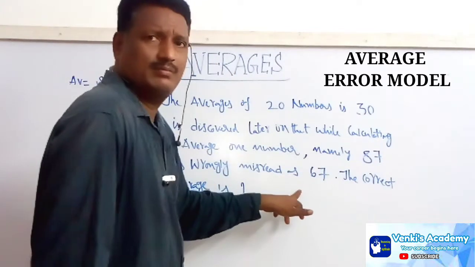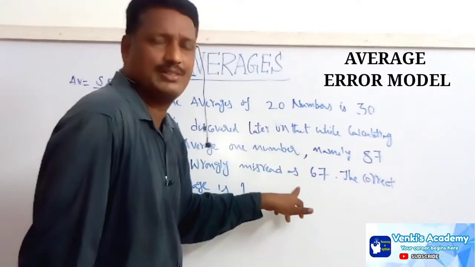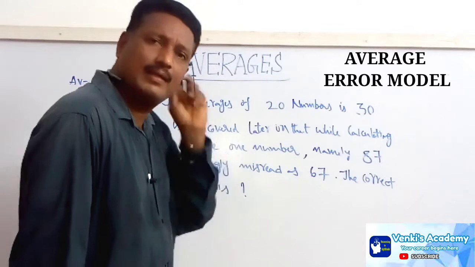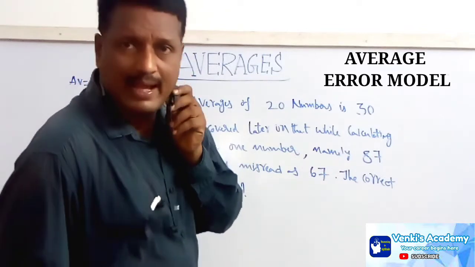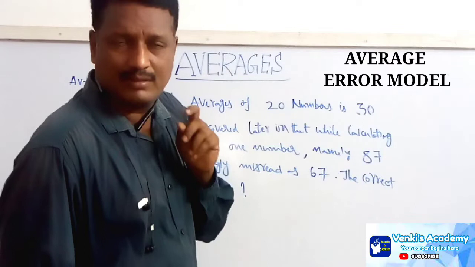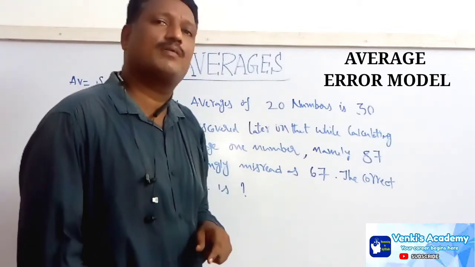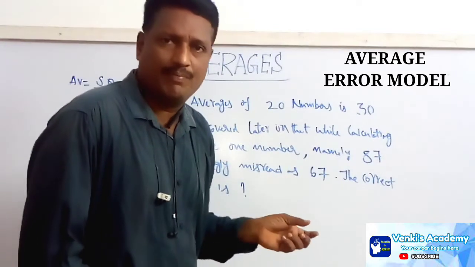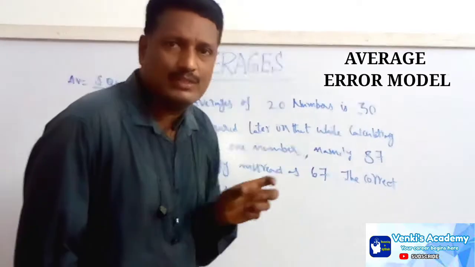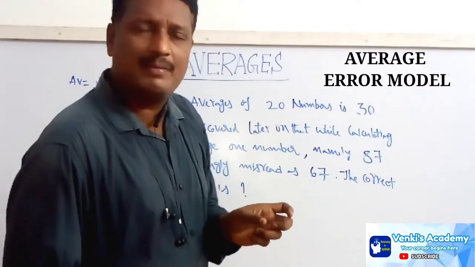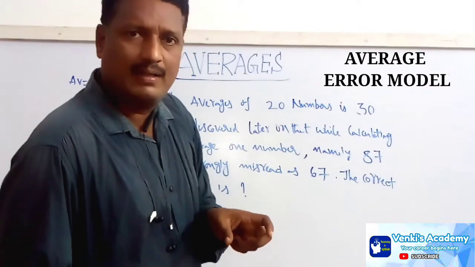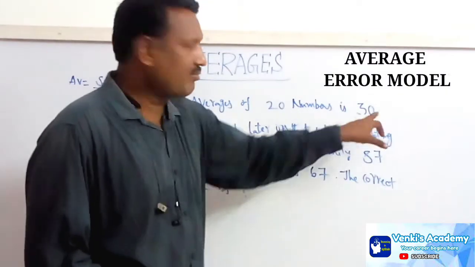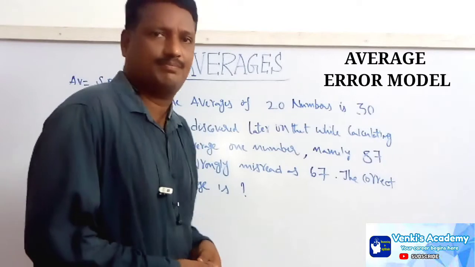This 20 is a value because it is a single number's difference. If we convert this 20 into an average, then that average should be either added to or subtracted from the wrong average, and we can get the answer.